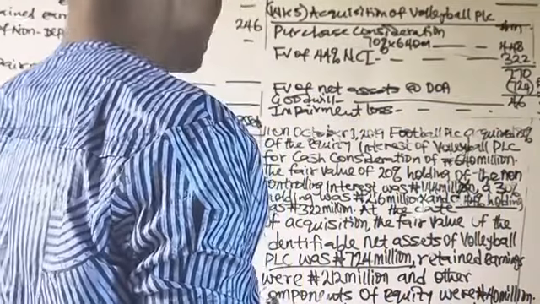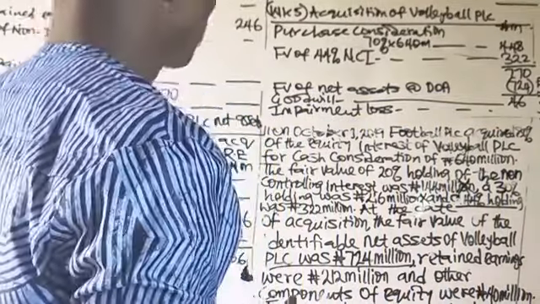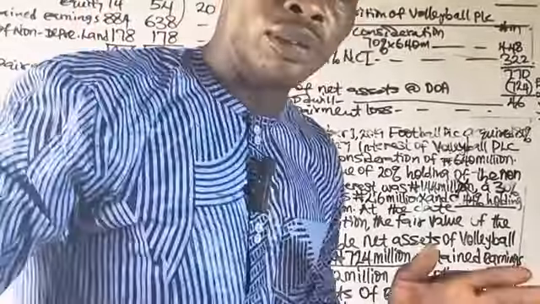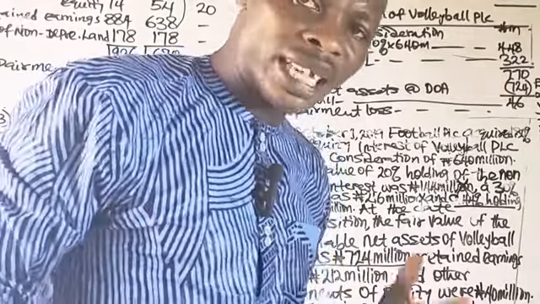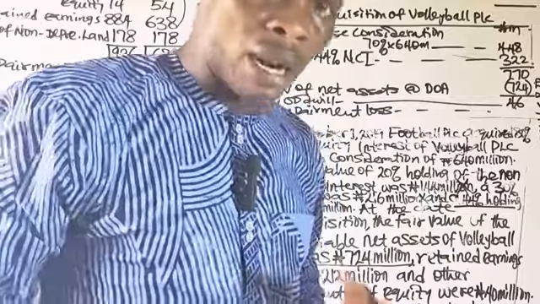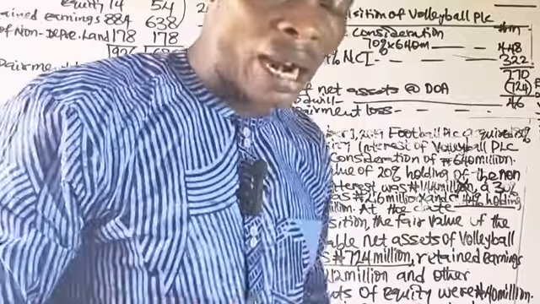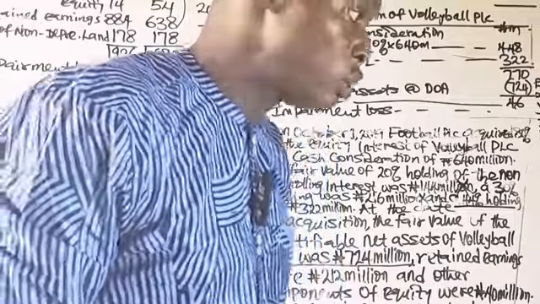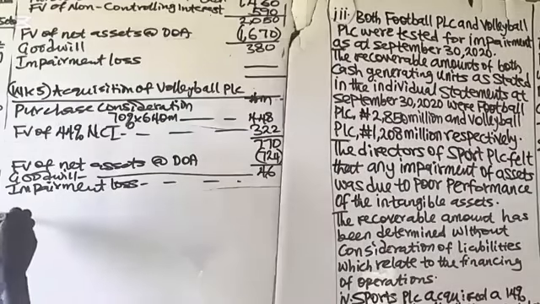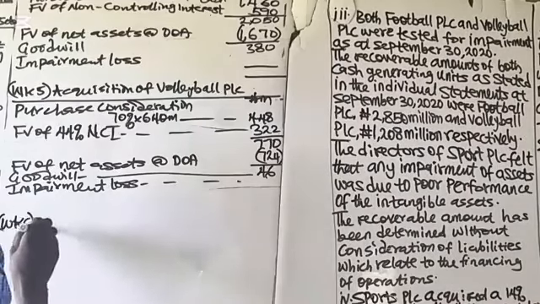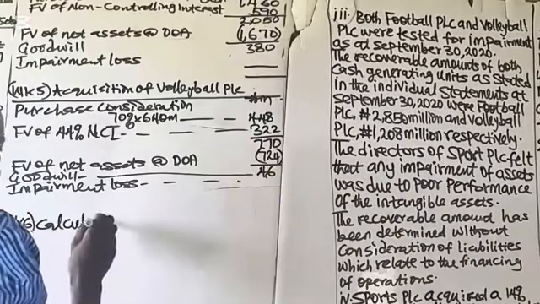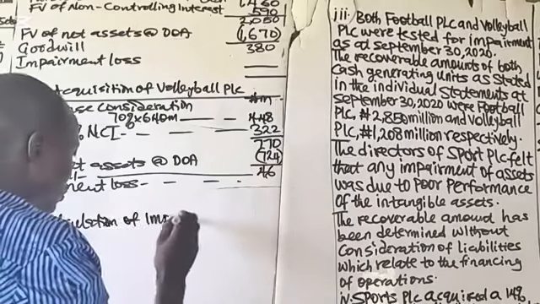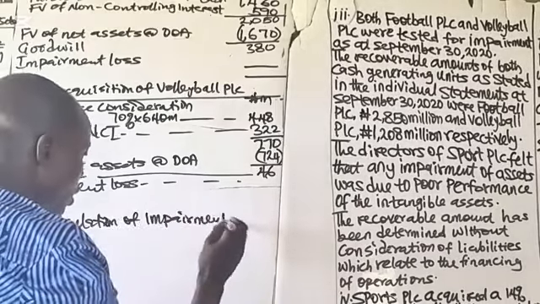Now, let's go and calculate our impairment loss, since the recoverable amount of the cash generating units was given. We are not given the impairment loss directly in the question. You are given the recoverable amount of the cash generating units. Working 6. Calculation of impairment loss.